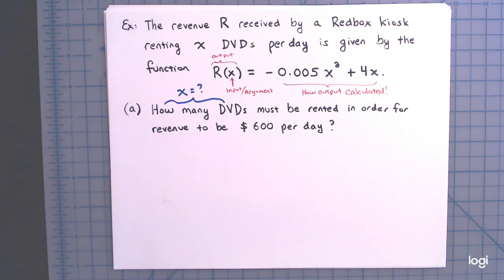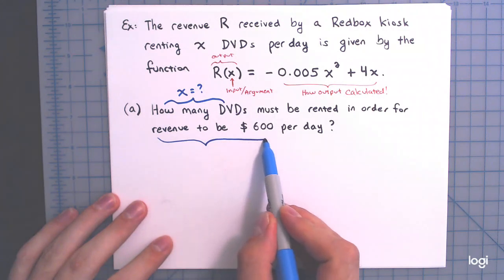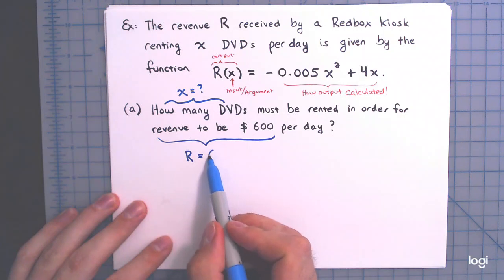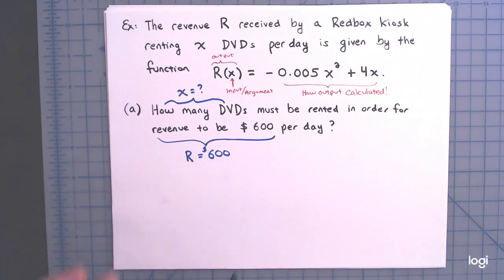So if they're asking how many DVDs, they don't know the value of x. But then they're saying we want the revenue to be $600. So R equals 600. So they're giving us the output, the revenue, $600.